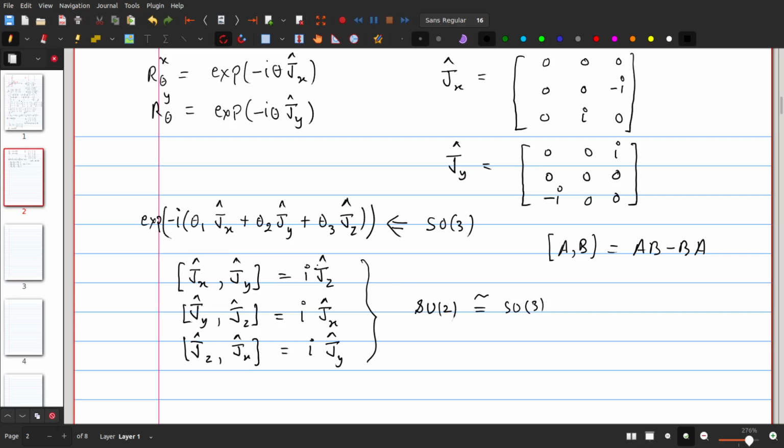In physics they are called the infinitesimal generators of the corresponding group. So the Lie algebras of these two groups, SU2 and SO3, are isomorphic, and their commutation relations are given by these relations.